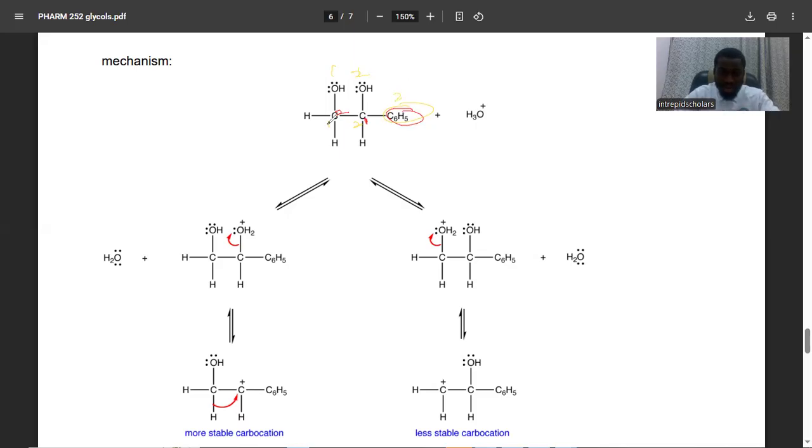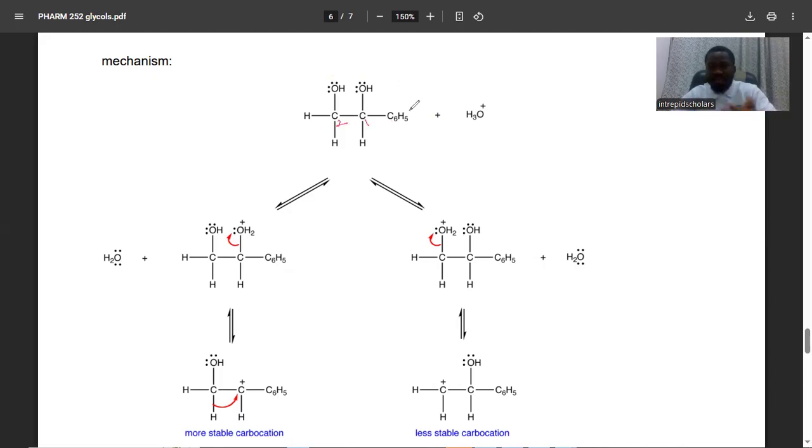So if I'm naming it according to the yellow ink, my name will be 2-phenyl-1,2-ethenediol, or I'll say 2-phenyl ethylene glycol. Now, if I change the numbering to what I have in the red ink, I'll have 1, 2.